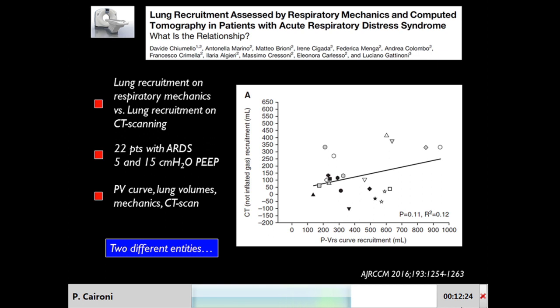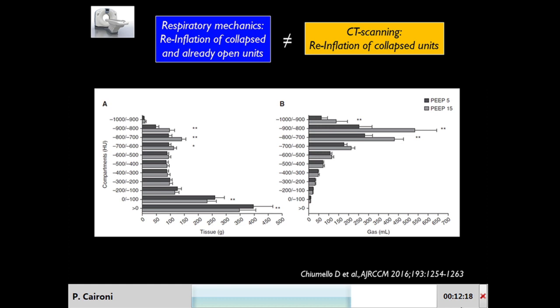These are two different entities, as we have already discussed before, because one thing is to define recruitment as the reopening of collapsed units, and another thing is to define lung recruitment as the sum of the reopening of collapsed lung units and an increased inflation of already open lung units. Usually with respiratory mechanics and all the other techniques we have discussed before, we are measuring this type of lung recruitment, while the only possibility of measuring the real lung recruitment in terms of reopening of collapsed lung units is CT scanning.